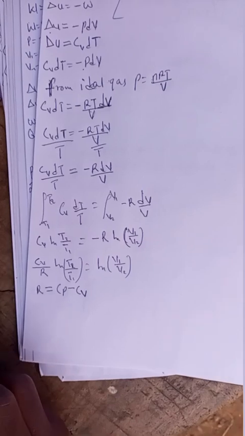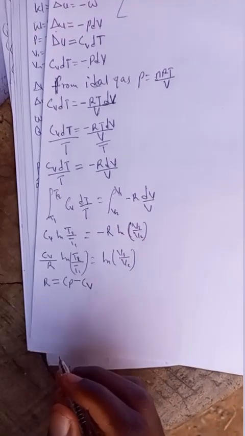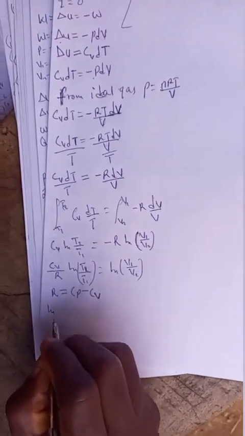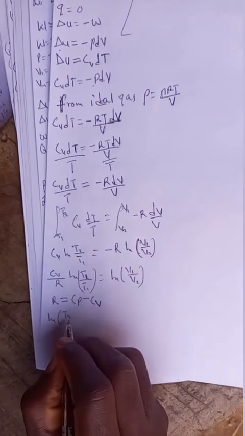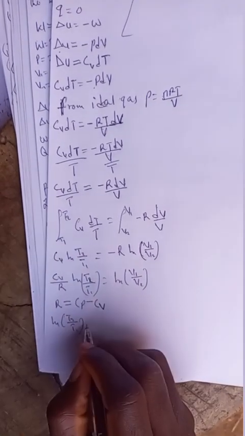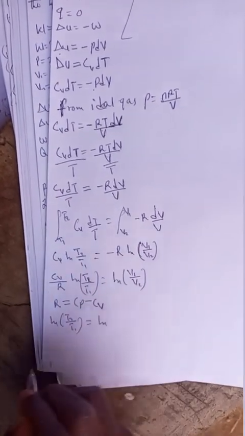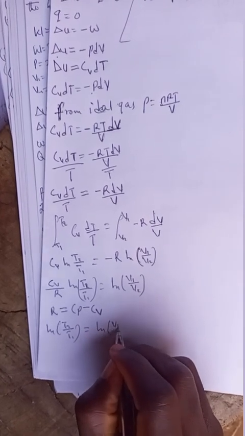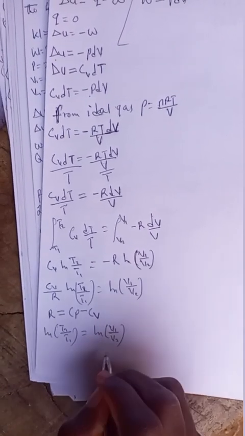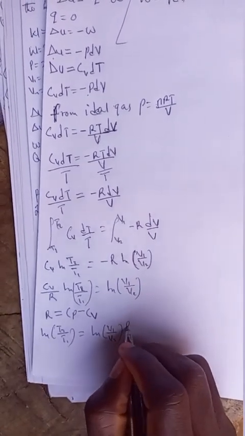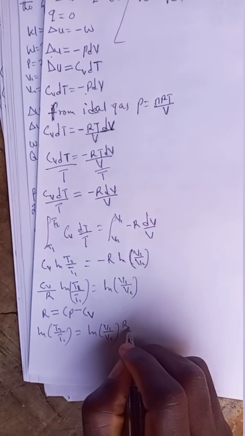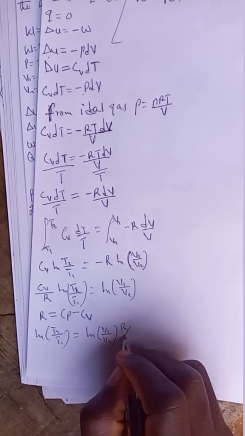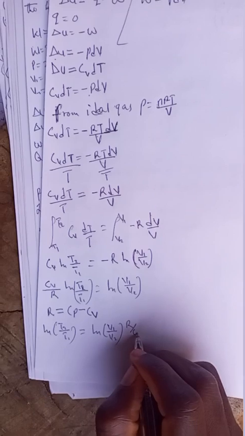So from here, we can now take this to be ln T2 over T1 is equal to ln V1 over V2 to the R over CV.